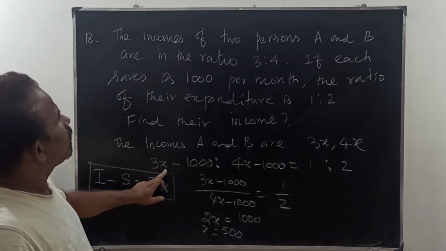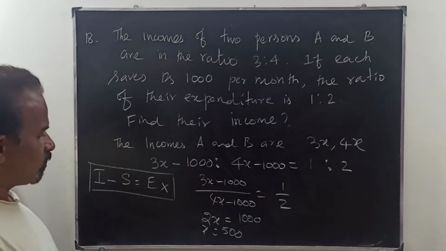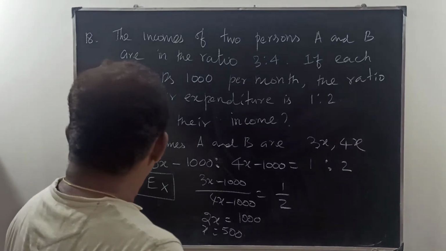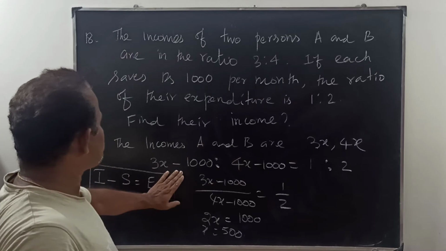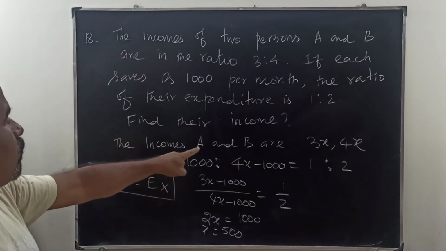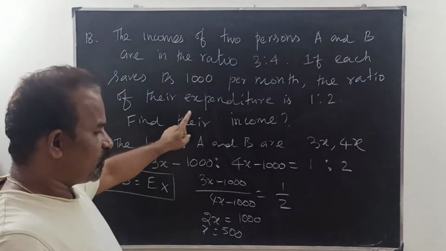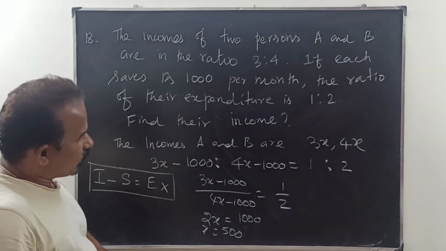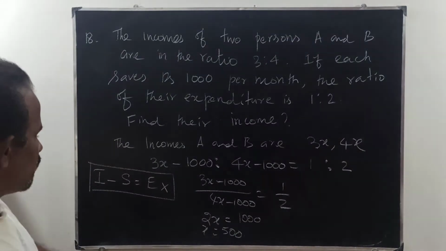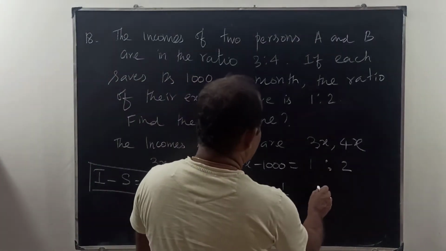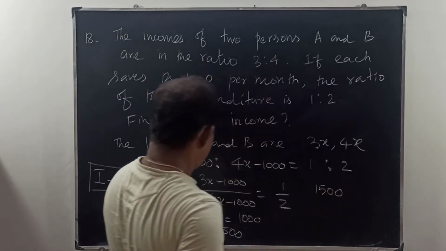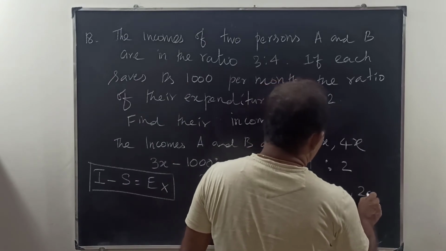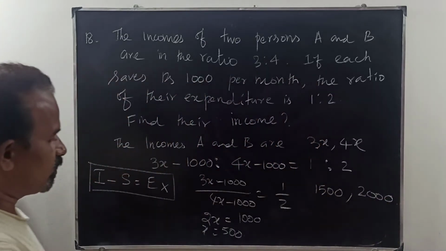So 3 into 500 is 1500. Therefore 4x, 4 into 500, is equal to 2000.